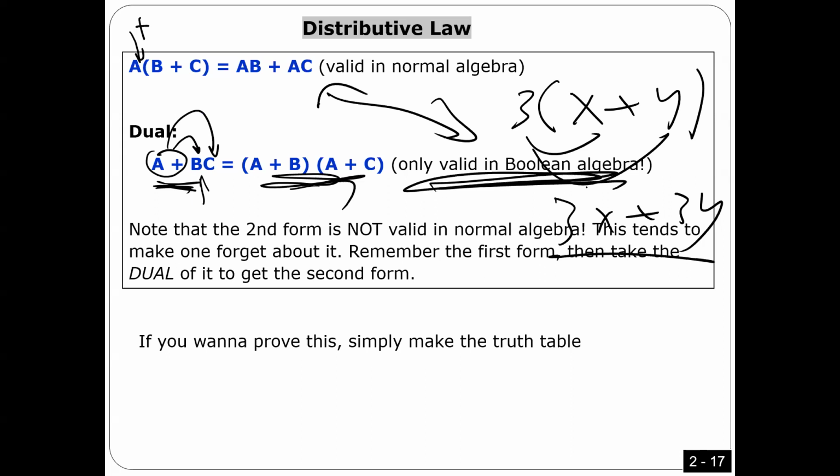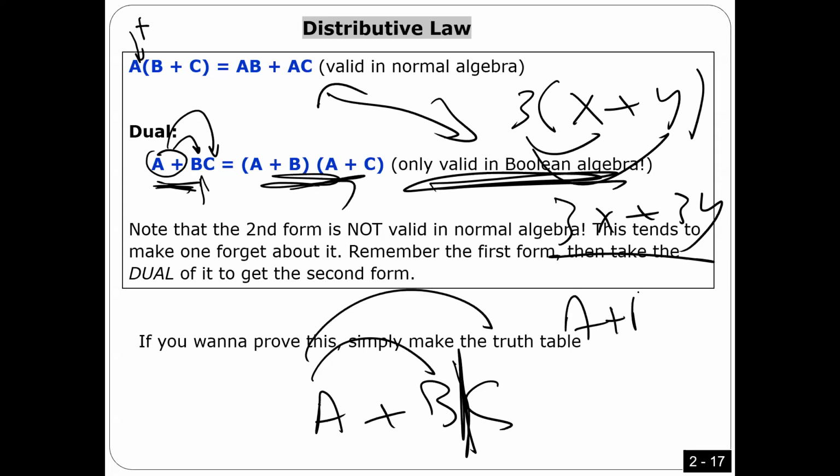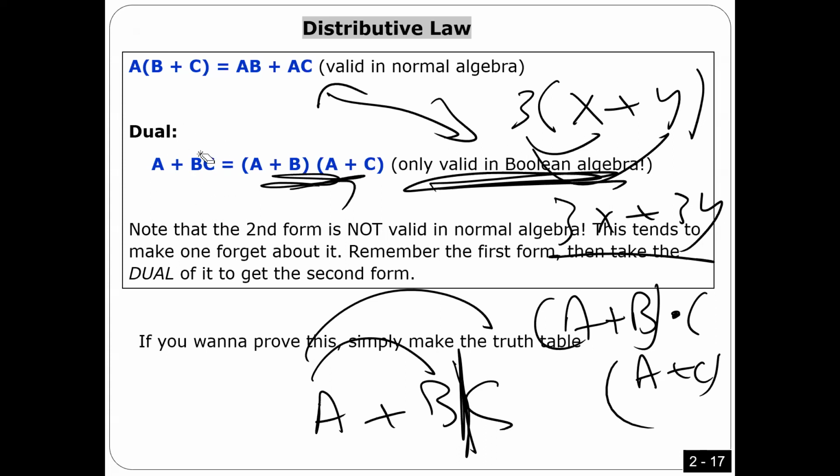Even sometimes I myself forget it, because it's not in normal algebra. So again, if you have A or (B and C), there is an AND here, so I can make distribution. It's going to be (A or B) and (A or C). Okay, guys?